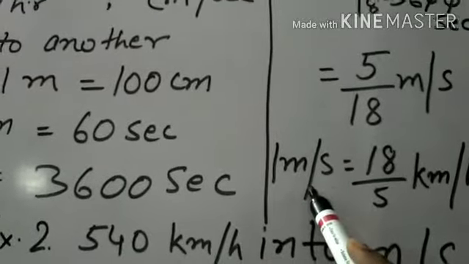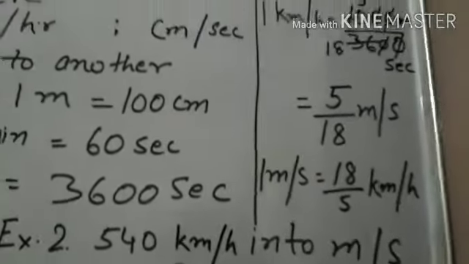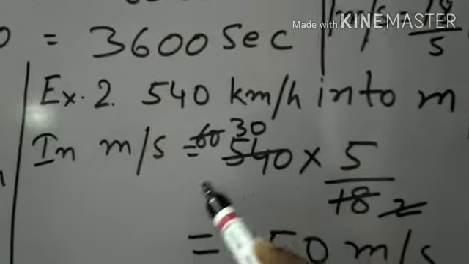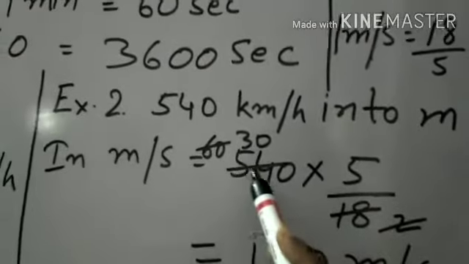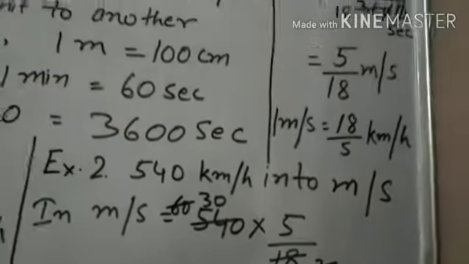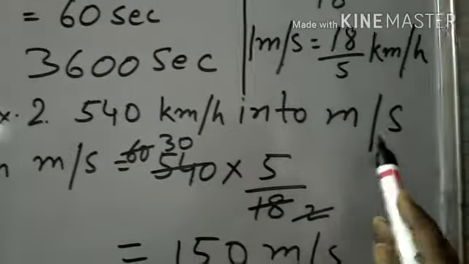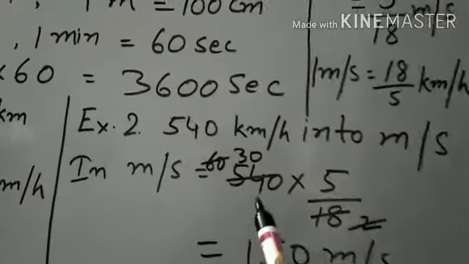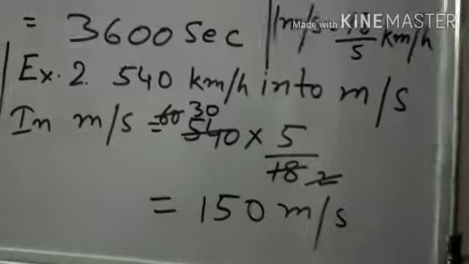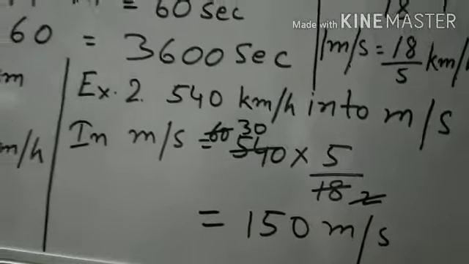And 1 meter per second is 18 by 5 kilometer per hour, just opposite to it. So what will we do here? Simply multiply this 540 by 5 by 18, because we have to convert kilometer per hour into meter per second. So 540 multiplied by 5 by 18 is equal to 150 meter per second.